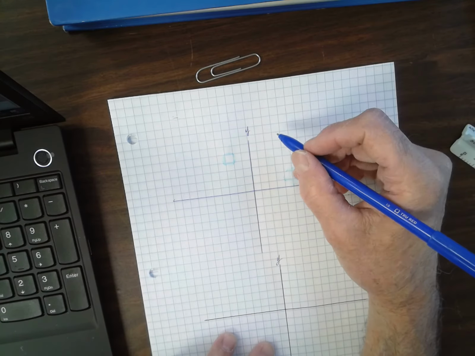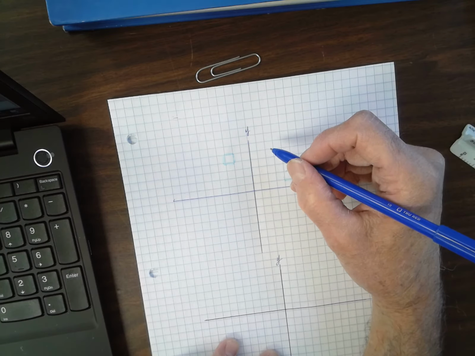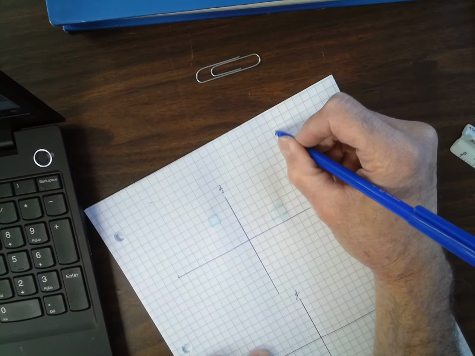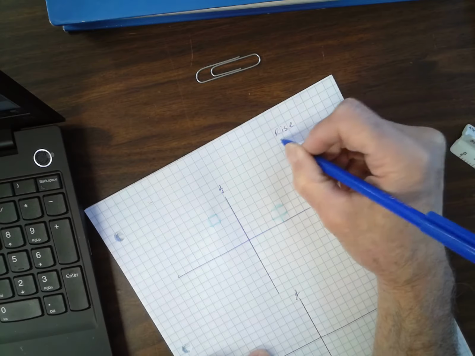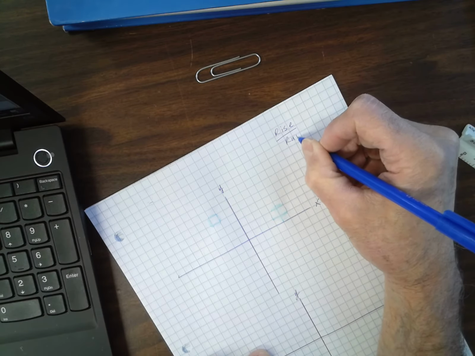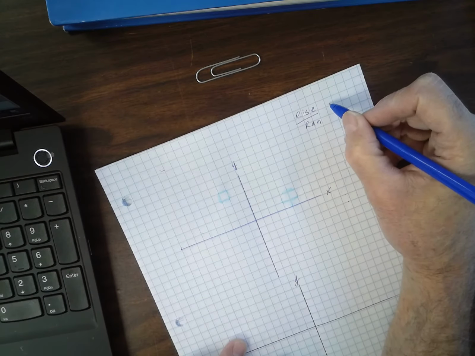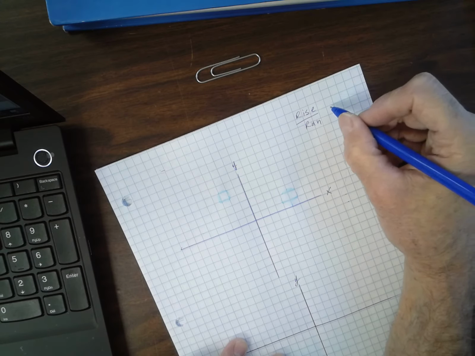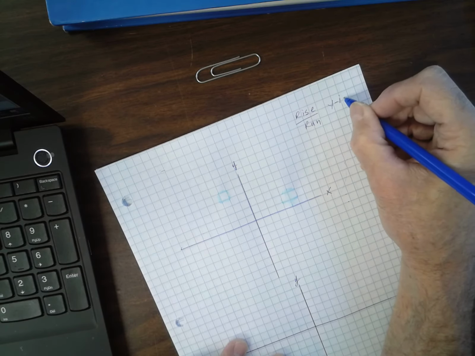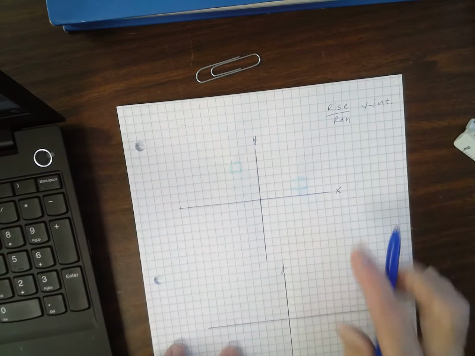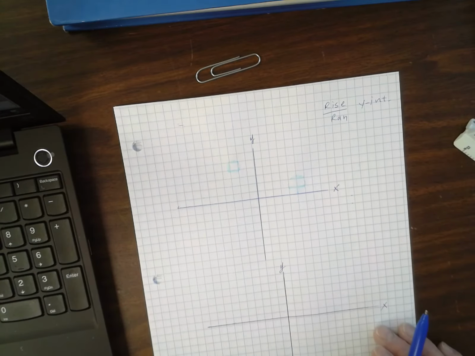It is the difference in rise over the difference in run. And the y-intercept is where it crosses the y-axis.